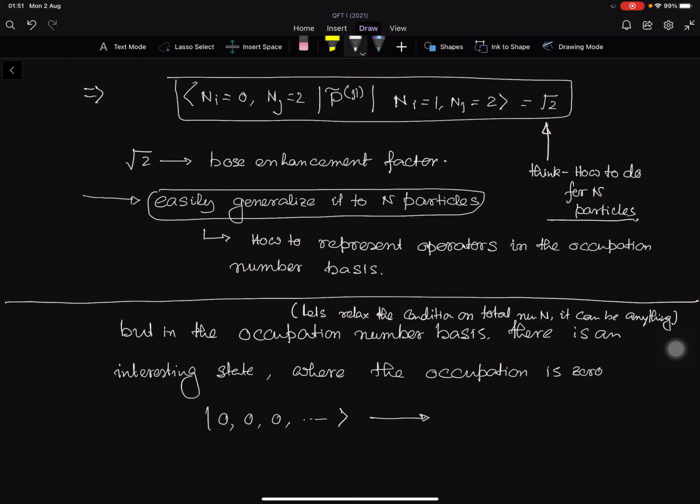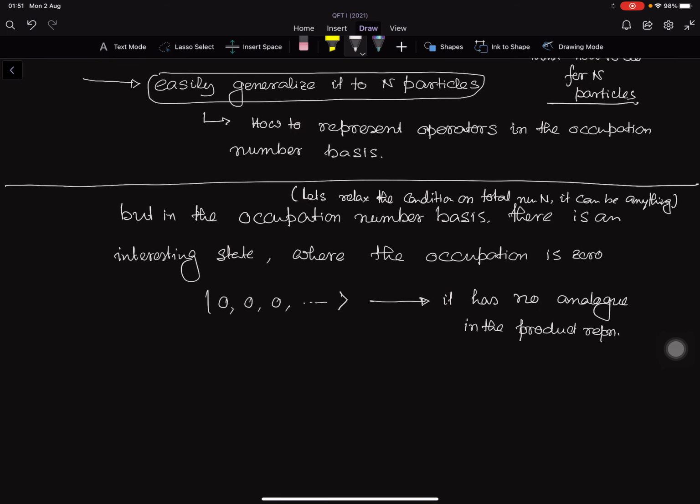Note that it has no analog in the product representation. This plays a very important role later in the discussions of quantum field theory. This is often called the vacuum state, and it will play a very important role later when we analyze things.